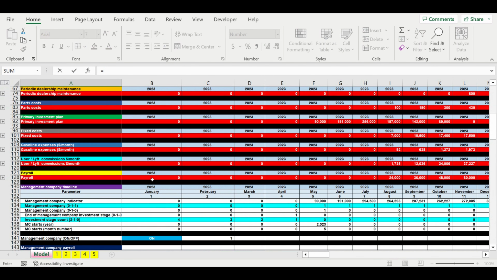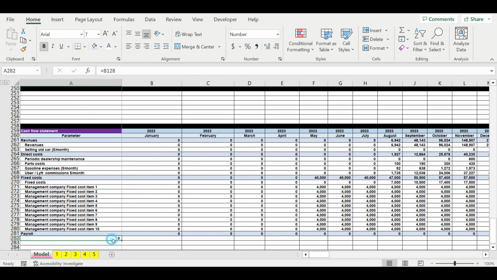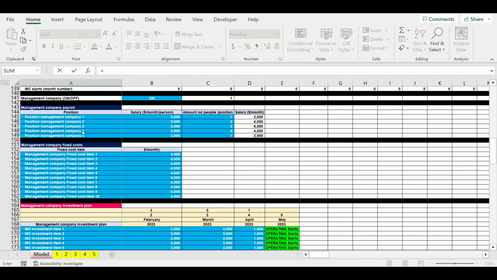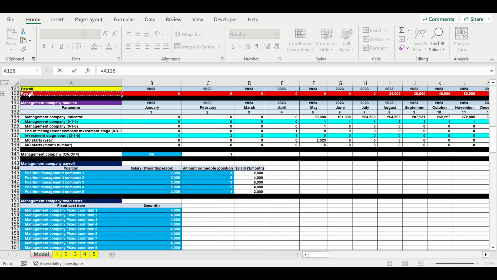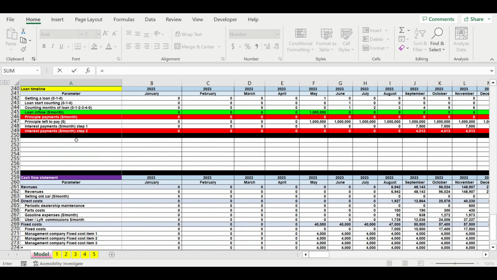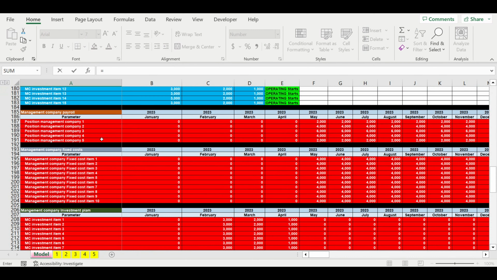This is the first payroll, linked to the cars, and the second is the management company payroll.